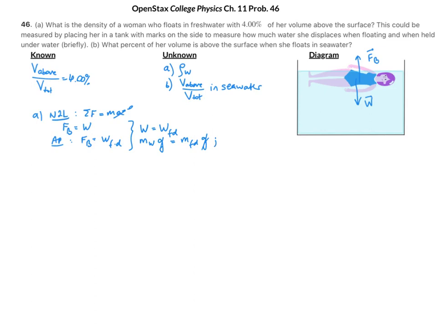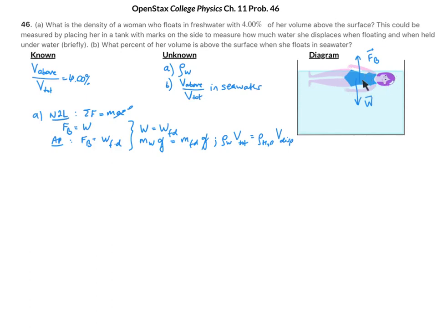Then I can write mass as density times volume. So I have the density of the woman times her total volume is equal to the density of the water times the volume displaced. So what does that mean? The volume displaced is all of this part of the woman that now takes up the water that used to be here.